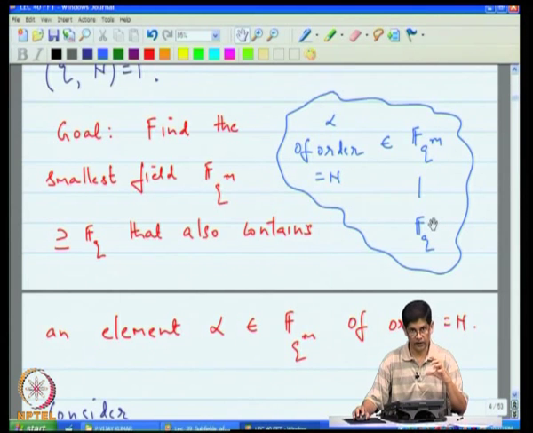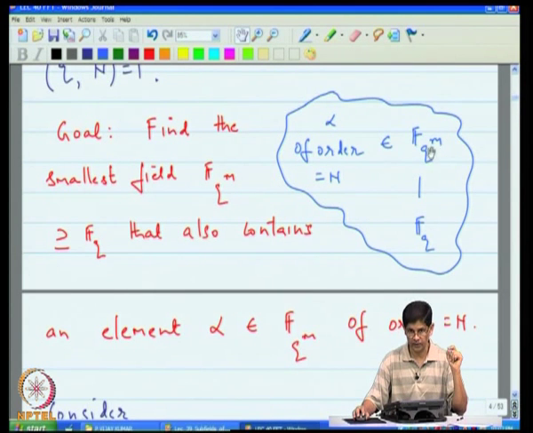Now, it turns out that in order to develop the theory of cyclic codes, you need a rather peculiar condition: an element alpha whose multiplicative order is n, that is, the smallest power of alpha which gives you 1 should be n. It could be that this field itself contains such an element alpha, but often that is not the case, in which case you can start with a smaller field and build up to a larger field.